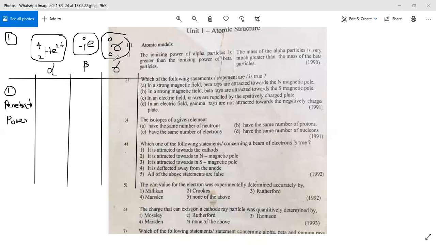Penetrating means the ability to go through a certain obstacle. Alpha is the biggest particle here, so it has the least penetration power. Beta has somewhat medium. Gamma has the highest penetration power.